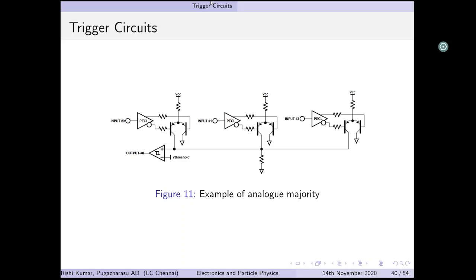The voltage threshold range, you can change it according to your will, and the required number of active channels can be set again using a variable resistor for setting the VTH, and the pulses can be very fast.